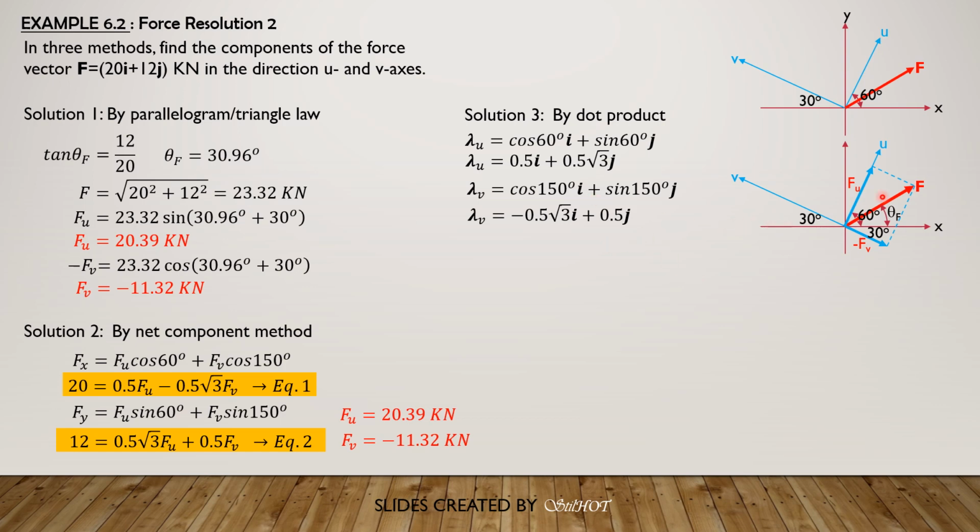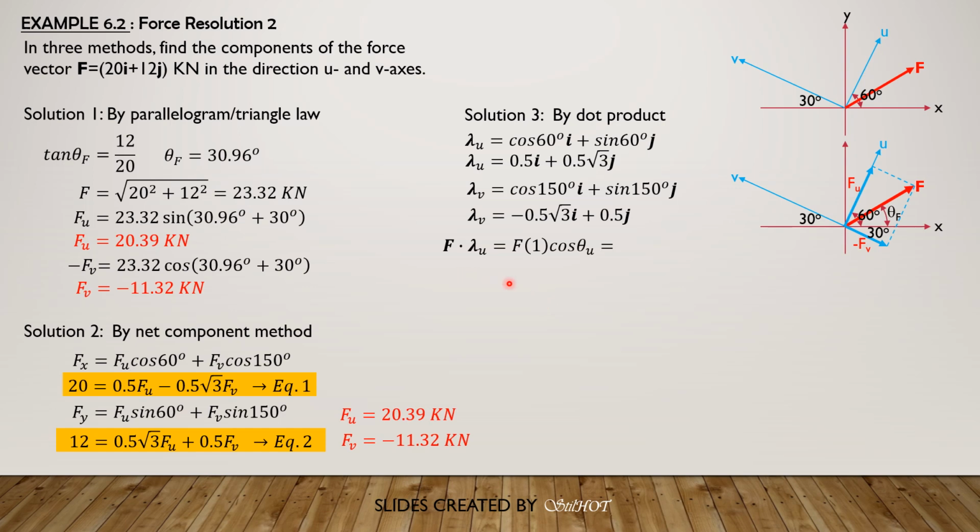So obtaining the dot product of F and lambda u, it is F times 1 times cosine of the angle between F and Fu. So F times cosine of this angle is actually Fu. So Fu is simply the dot product of F and lambda u.